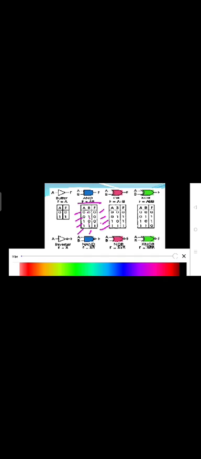So look at the OR gate. See, the symbol of the AND gate is like a D, with output and 2 inputs. In the OR gate, if both inputs are low, then only we get output low. In all remaining cases we get high output. So that is 0, 1, 1, 0, 1, 1.